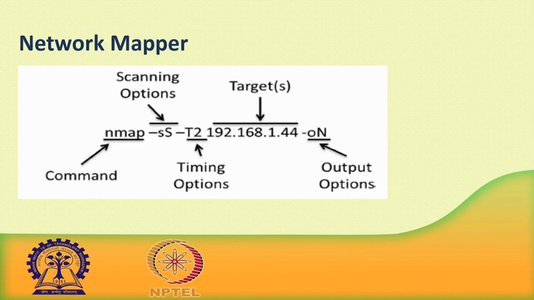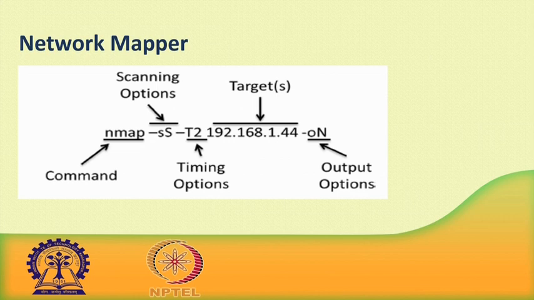That's why this is called stealth scan. Dash small s capital T is used for TCP connect scan. The TCP connect scan can often be used to gather more information about the target than the stealth scan, as a full TCP connection is made with the targeted host.